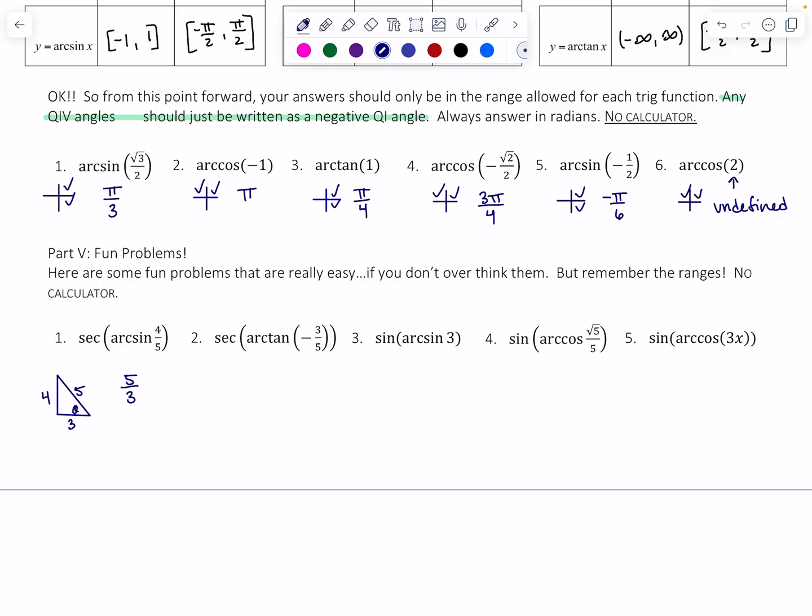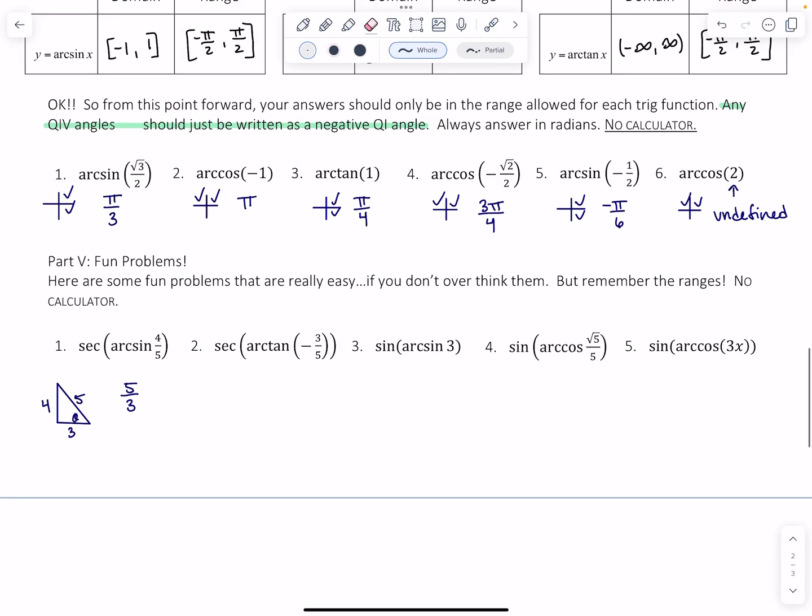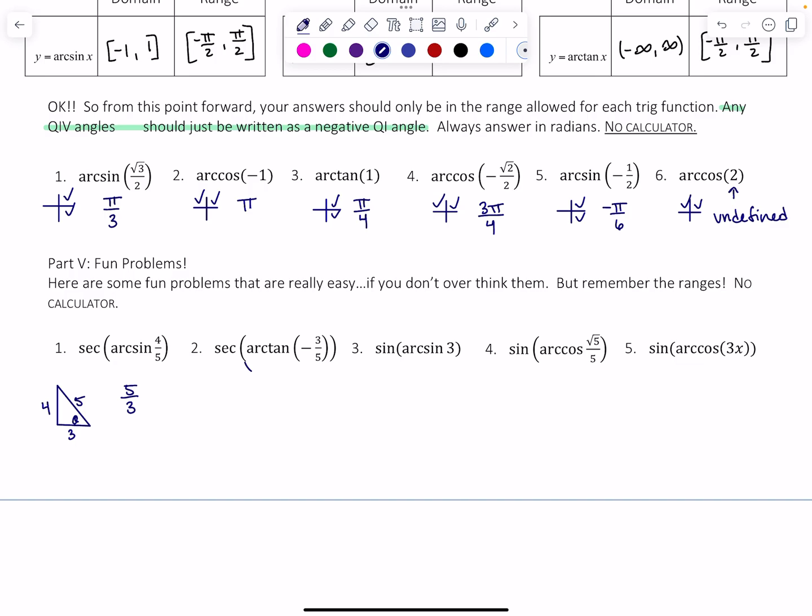All right, so we have the secant of arctangent of -3 over 5. Oh, goodness. Okay, this is going to be our negative value. We know this is going to return quadrant 4, but secant in quadrant 4 is positive, so just a heads up on that one before we get started.